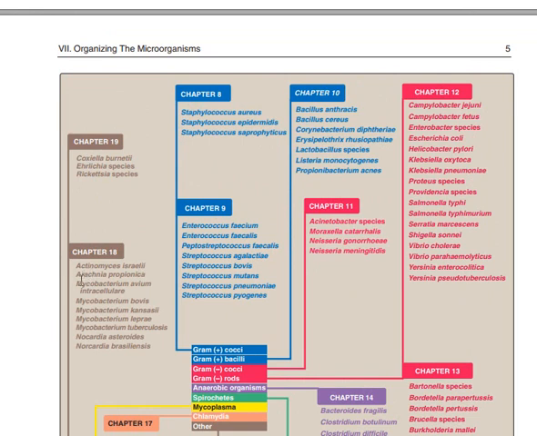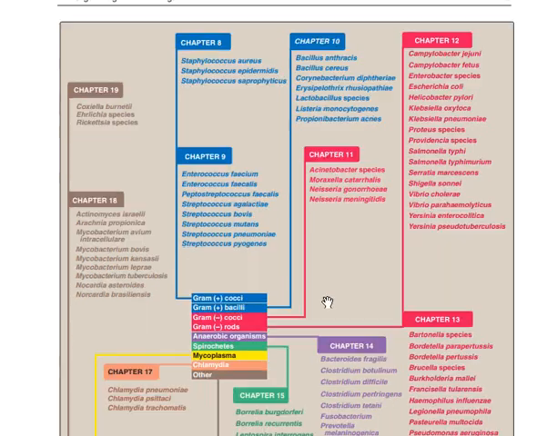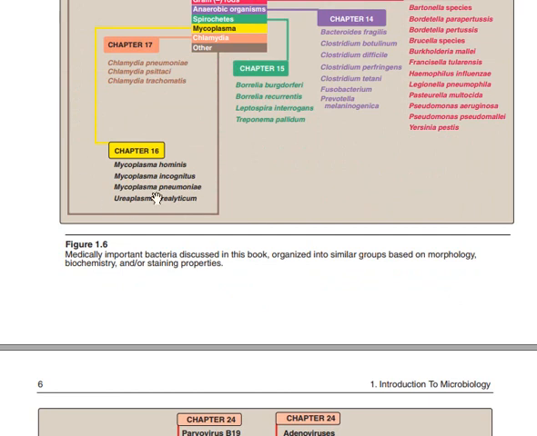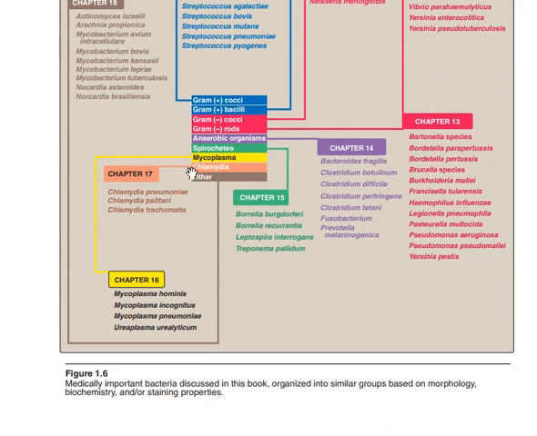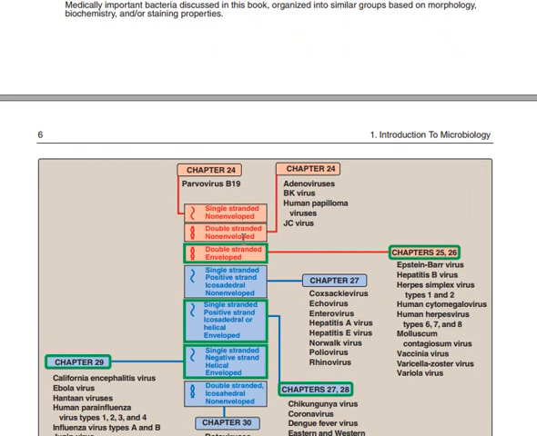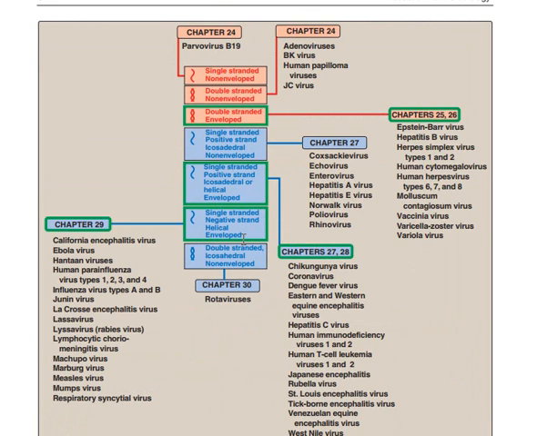We have Actinomyces, Arachnia, Mycobacterium, and all that. These ones here are also other bacteria. These are Staphylococci, Enterococci, and all that in the chapter. We have Mycoplasma. We're going to see Mycoplasma hominis, pneumoniae, and Ureaplasma urealyticum, which is also a mycoplasma, and we're going to see all the different bacteria in the chapter.